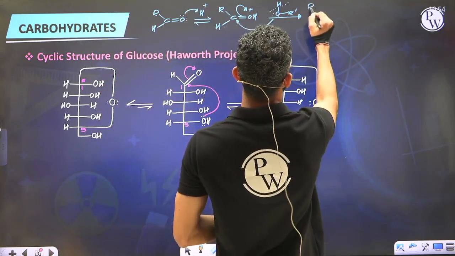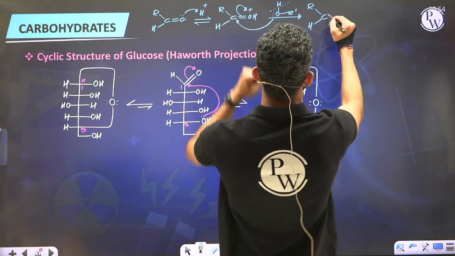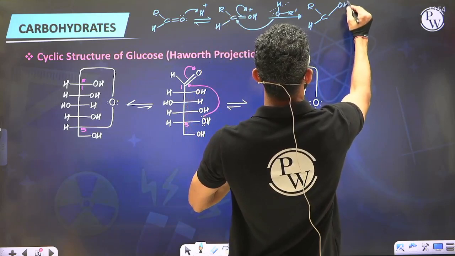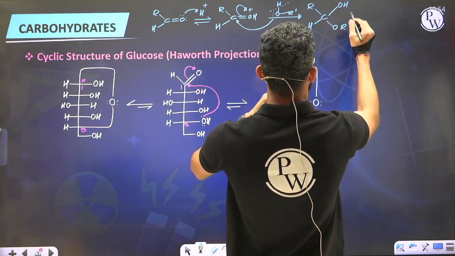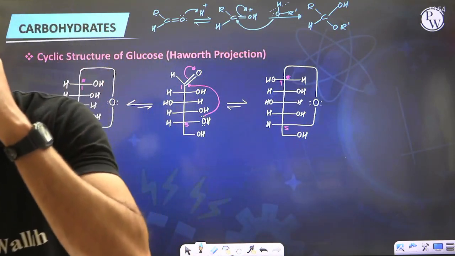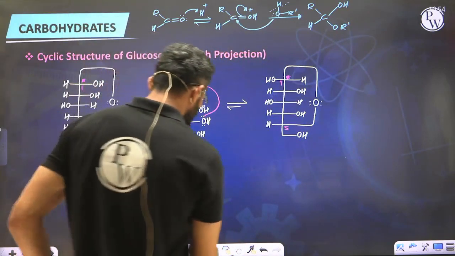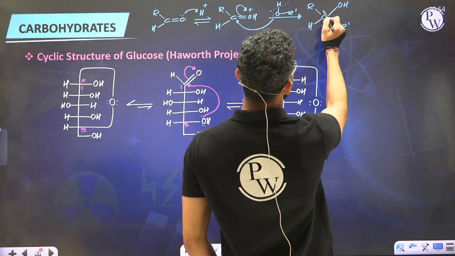We had R here, C, H, C single bond OH. I am putting it up here. And this is OR dash. Right, everyone? If you look at this structure now, it indicates that we have got a chiral carbon atom.